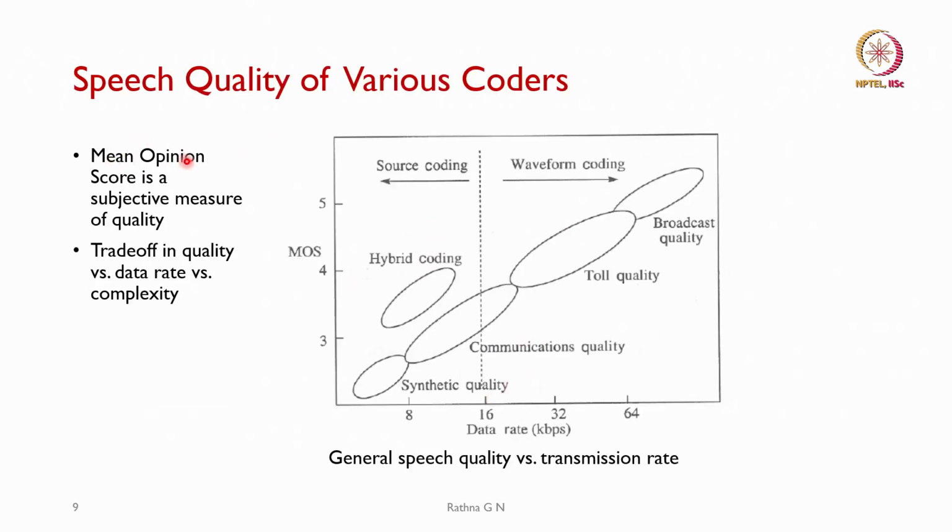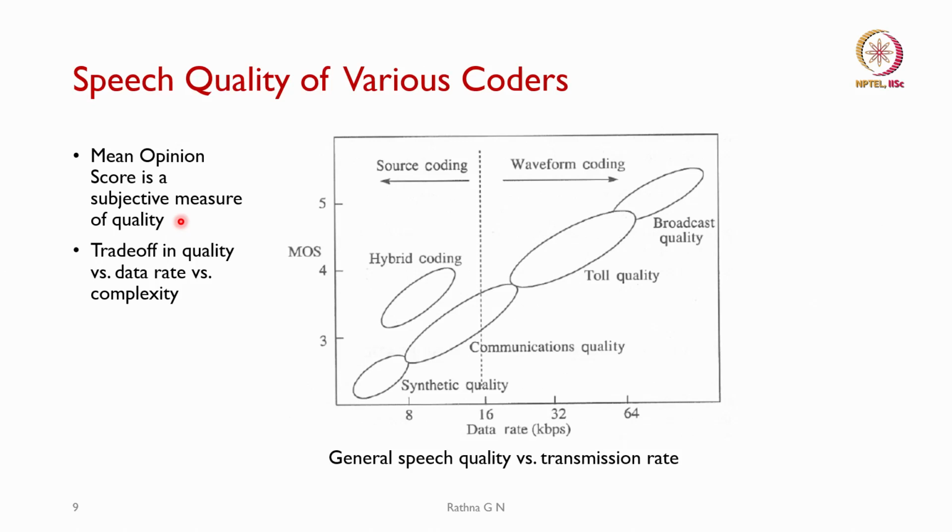The quality of speech with various coders is shown in this diagram. Usually what we use is the mean opinion score, which is a subjective measure of quality.